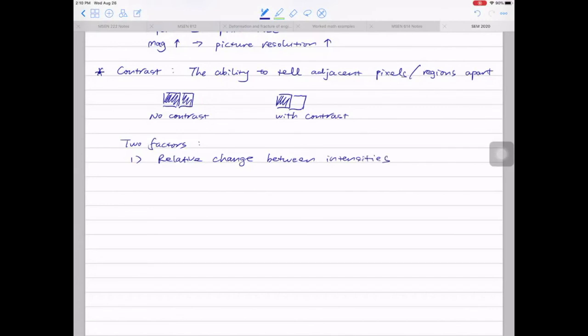Let me give you two more examples. In the first example, we have the color filling in the pixel like that. In the second pixel, we have the color filling in the pixel like that. Can we tell they're similar or not? Let's look at the second example.